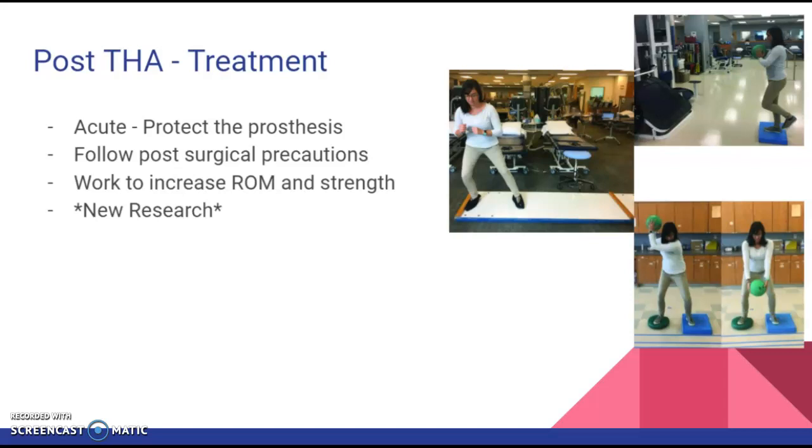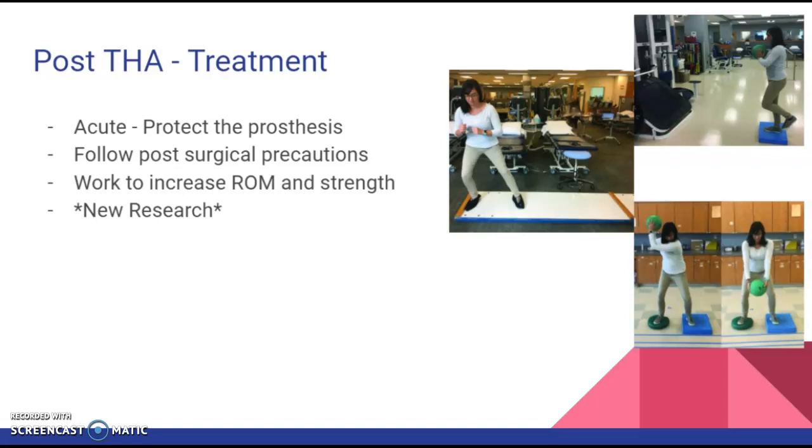And then they mentioned in the article specifically that during the 12 to 16 week time period, they would retrain higher level activities, and some of those are pictured there on the right, like with the slide board, golfing, more dynamic balance activities. And these all resulted in a positive effect in their functional outcomes as well as their biomechanics. And it didn't affect the intervention group's safety at all.